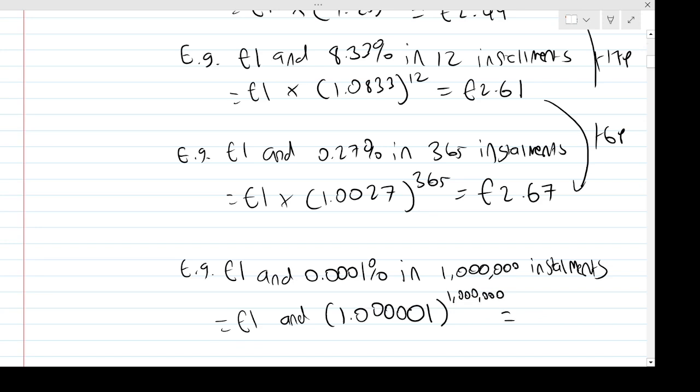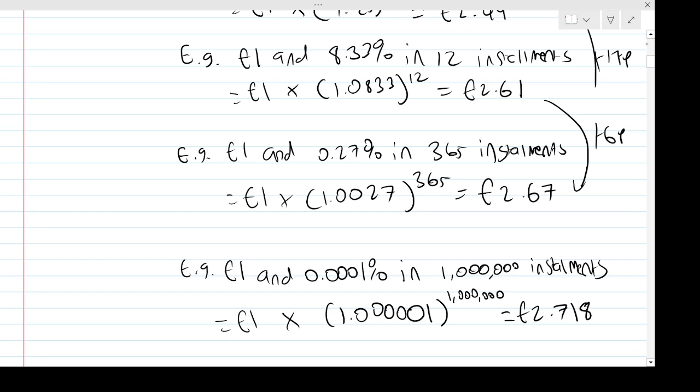If I do that, I get, there we are, 1 multiplied by this, £2.71 or 2.718. You can round it to 2.72.